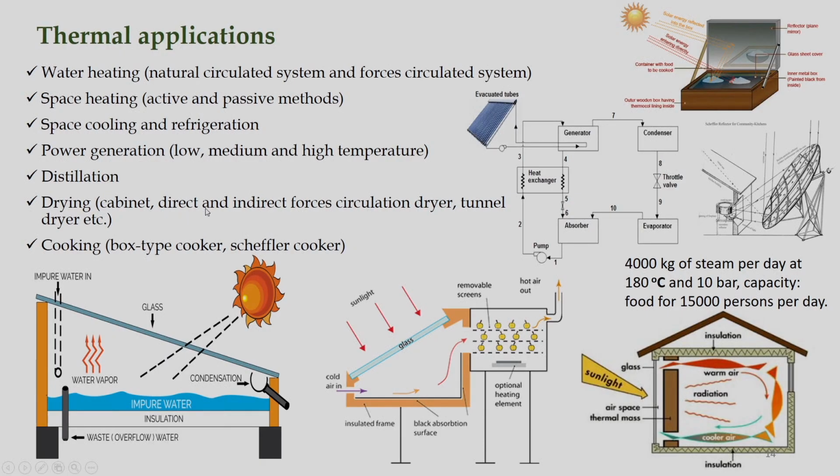There are different categories of drying, maybe cabinet, direct, indirect, forced circulation dryer or tunnel dryers. So, there are many developments of dryers. We will discuss some of the important developments of dryers, which have higher applications in different agricultural fields. That will be discussed when we take that particular module.